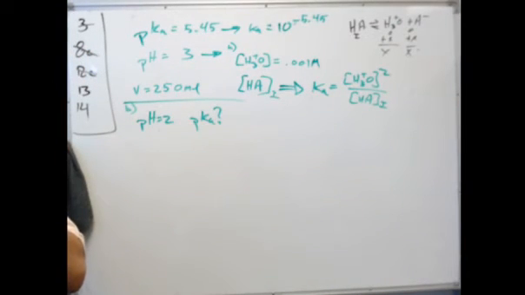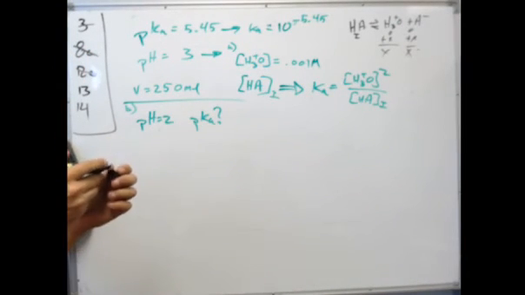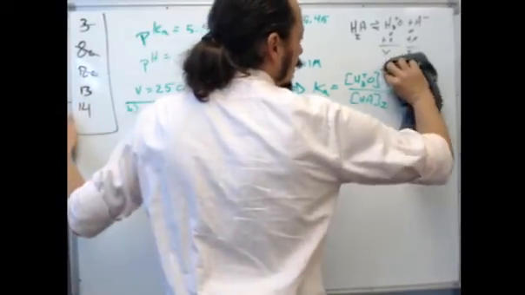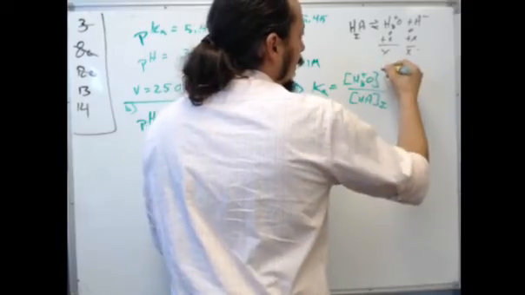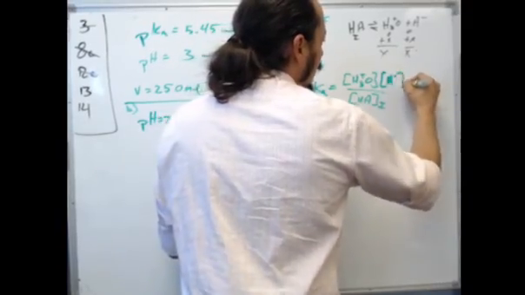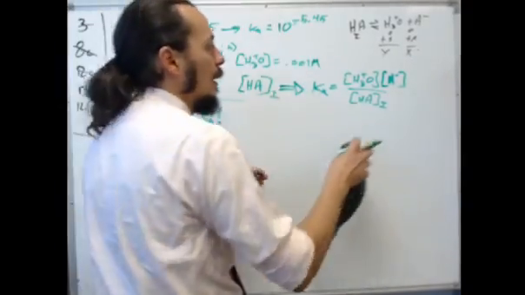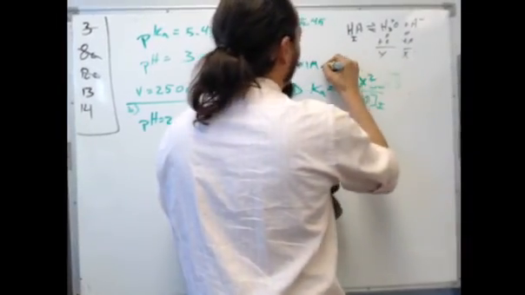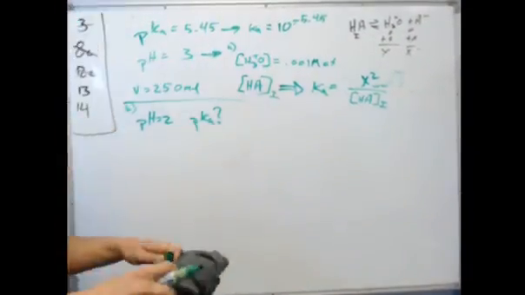Technically, this should be H3O plus times A minus, but those have the same concentration, so we can just call this X squared and say that that's equal to X, if you're more comfortable with that.